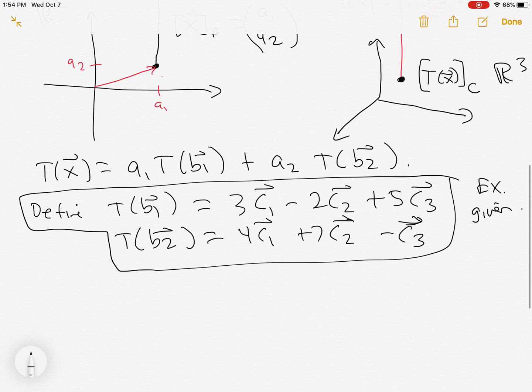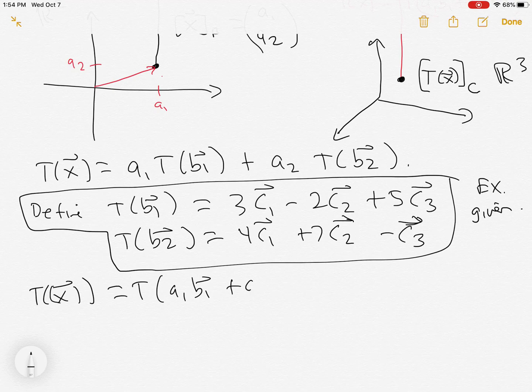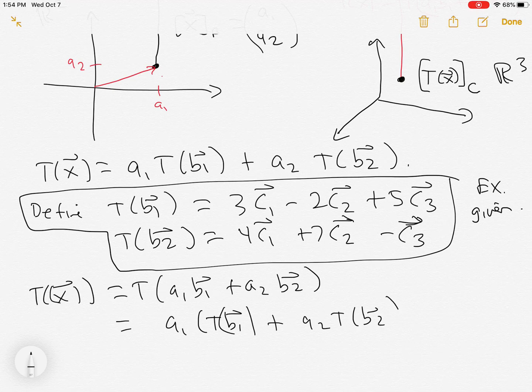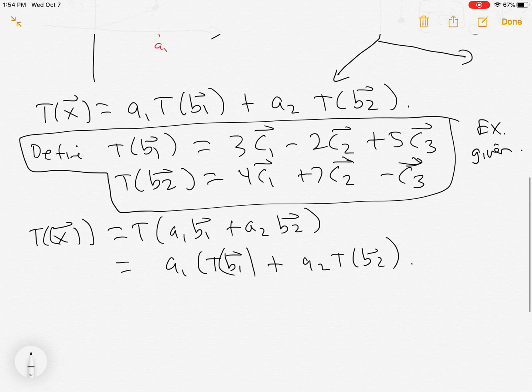Let's see what the image of this vector x is in W. T of x is equal to T of a1 b1 plus a2 b2, which is a1 T of b1 plus a2 T of b2, which is a1 times, what's T of b1?